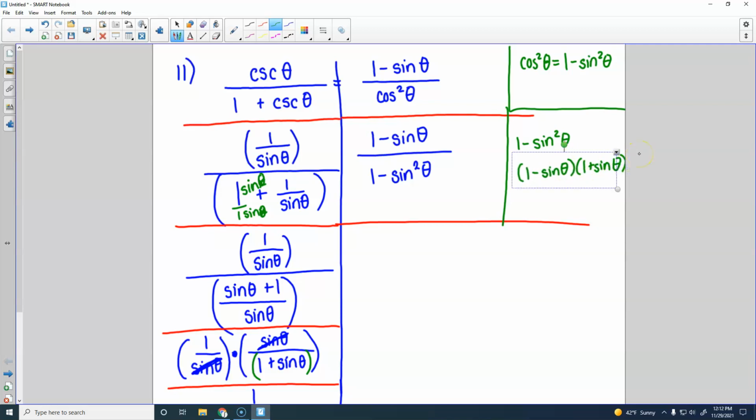Like if we were taking 1 minus x squared, we would factor it into 1 minus x and 1 plus x. So what we can do now is write this as 1 minus sine theta over, we can factor that denominator, 1 minus sine theta, 1 plus sine theta.